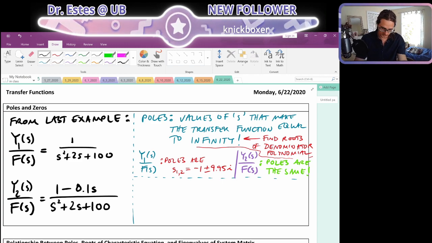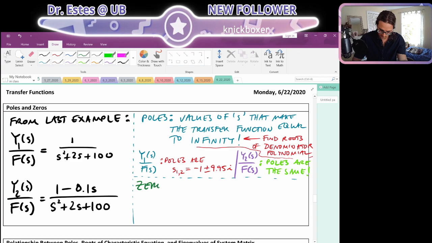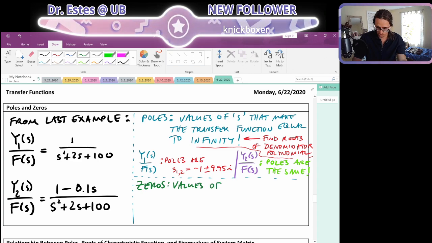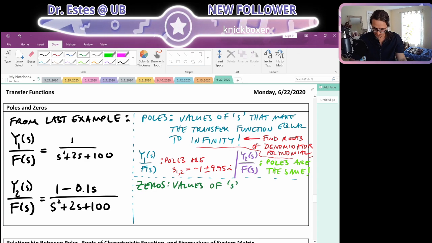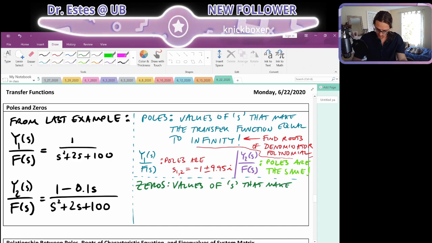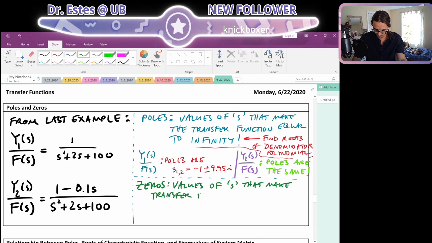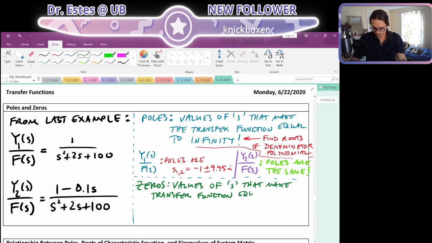Okay, let us define zeros. You might already have an idea based on the name. The values of s that make the transfer function equal to, you guessed it, 0.